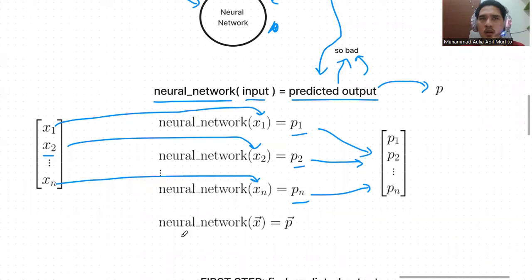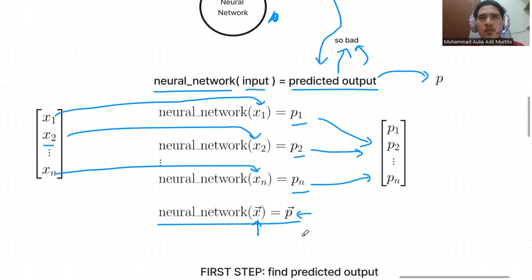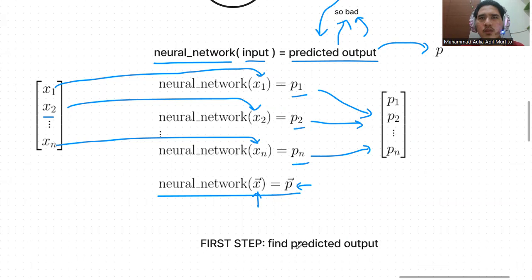To make it simpler, I abstract it like this: it receives a vector of input training data, and it produces a vector of predicted output data. This is the first step, which is to find the predicted output.